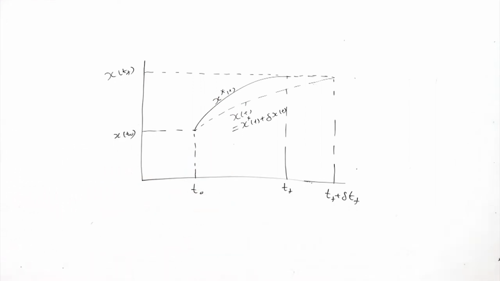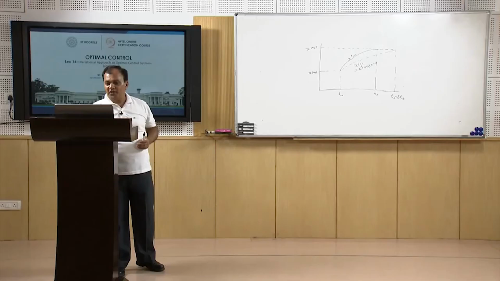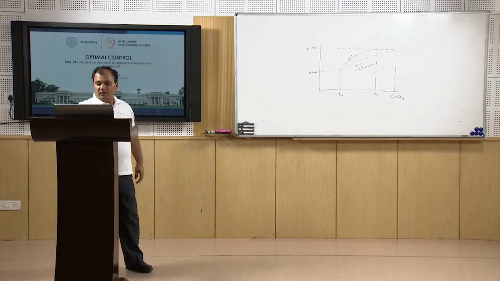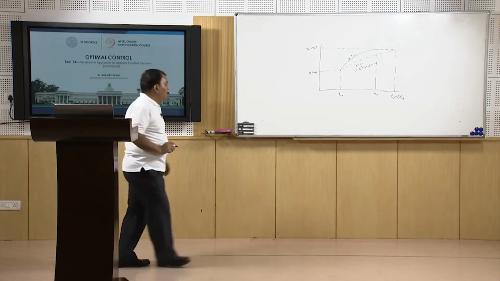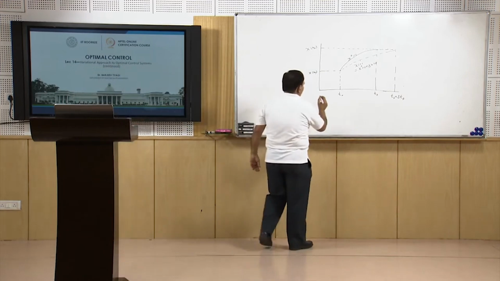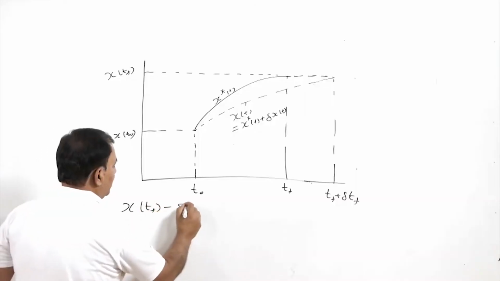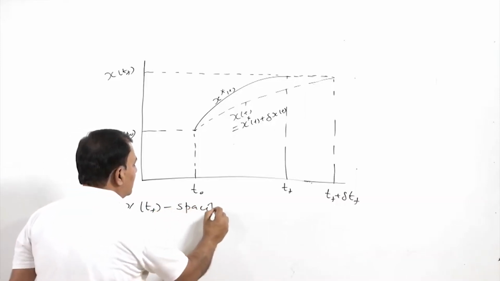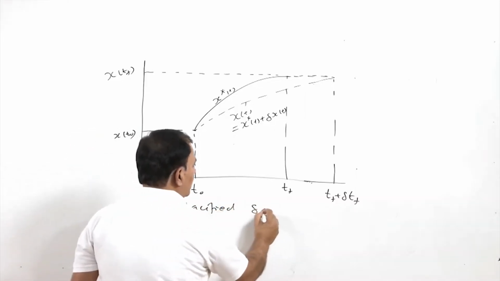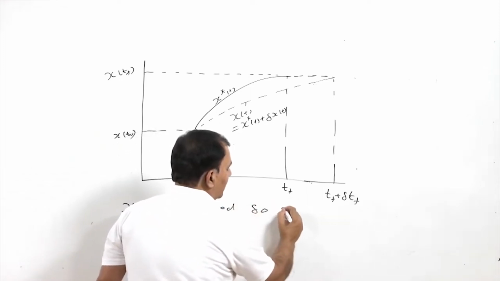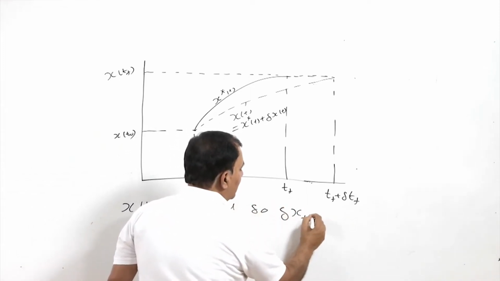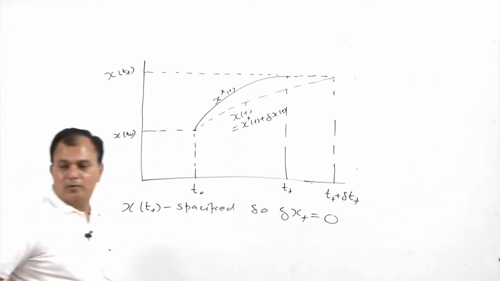In this case, if we look at the final condition, as x(tf) is specified, I have delta xf to be 0.